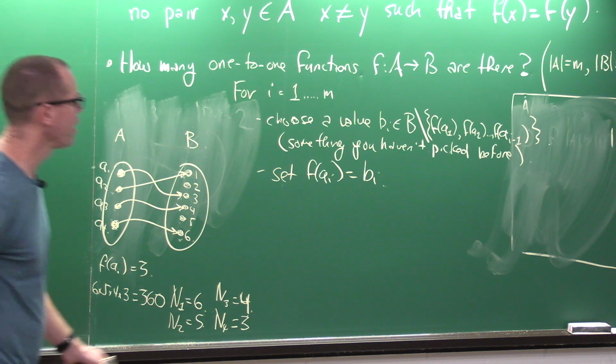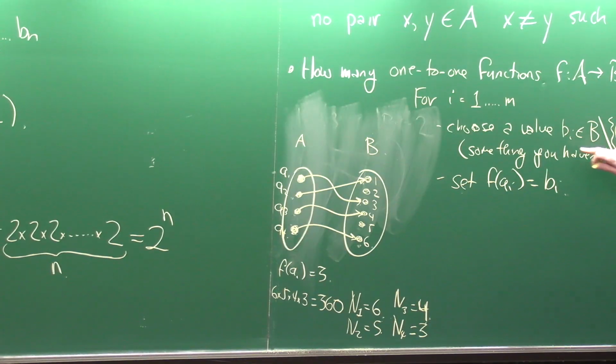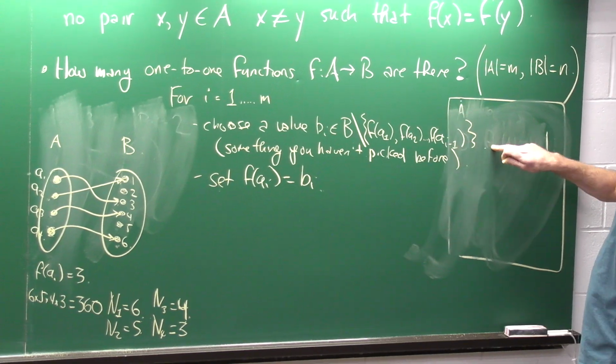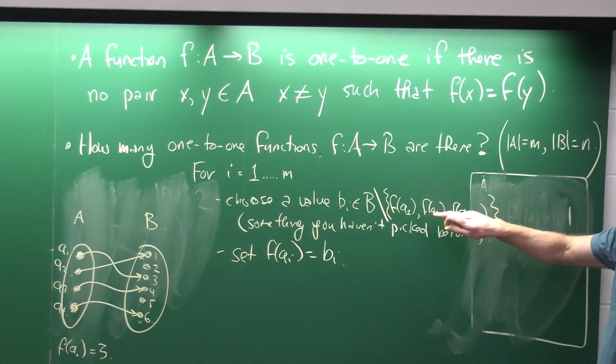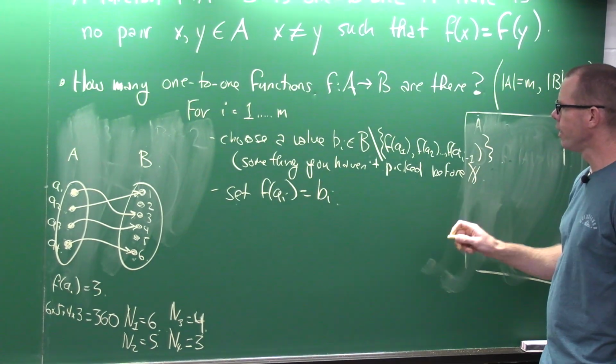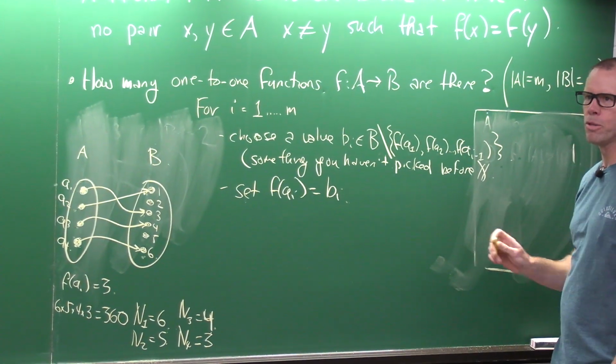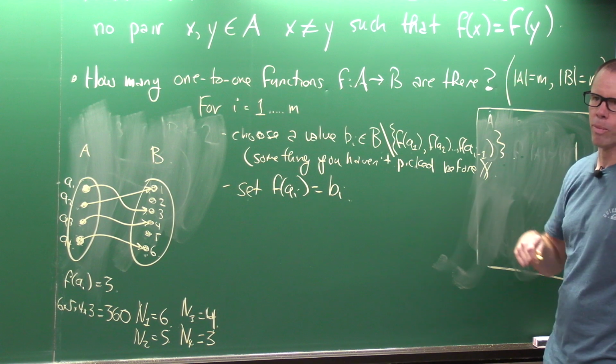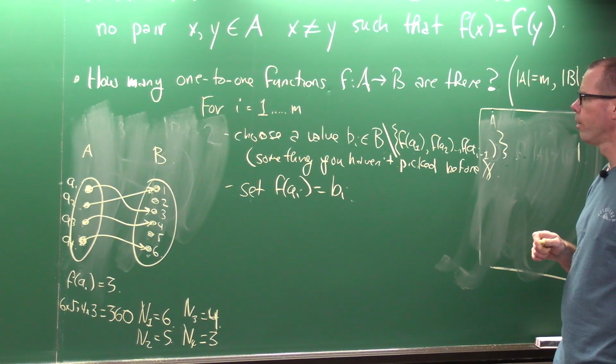So some people don't like this notation, B minus the set of things you've picked before. So I just put a note here: what does this mean in English? It means pick something in B that you didn't pick in one of the previous steps.